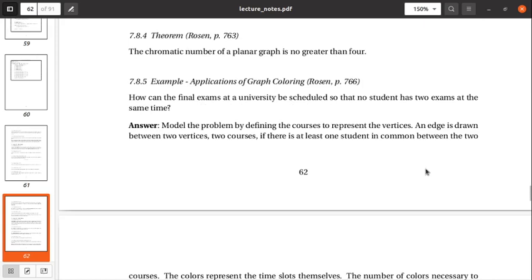So I will leave it up to you to find examples of where that's terribly beneficial, but it is an interesting result.